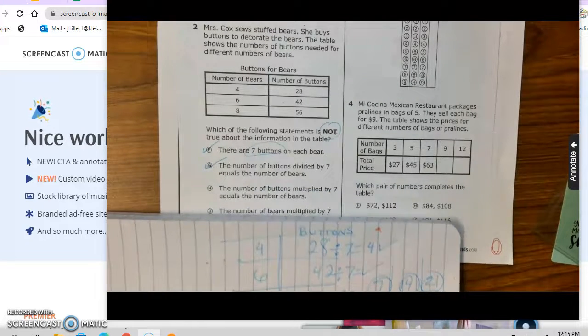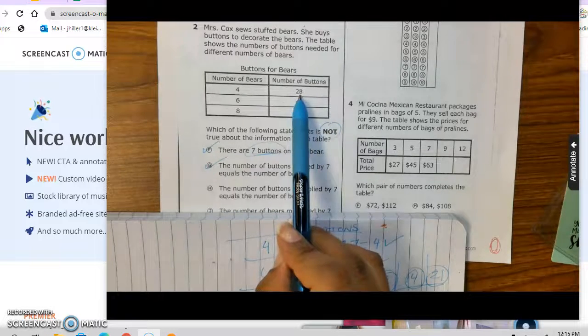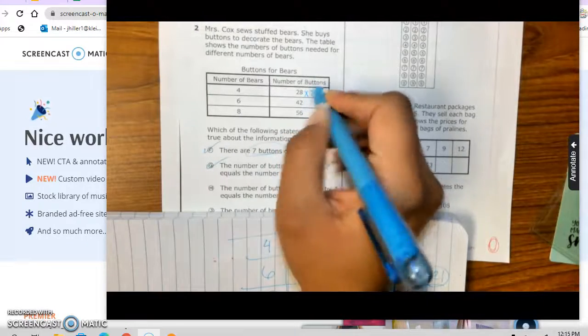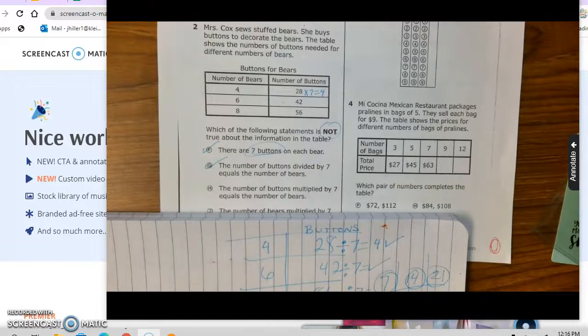Let's go to letter H. The number of buttons multiplied by 7 equals the number of bears. So again, the number of buttons, these are your buttons, multiplied by 7 is supposed to equal the other number? Well, right away, can you tell something's wrong and off?